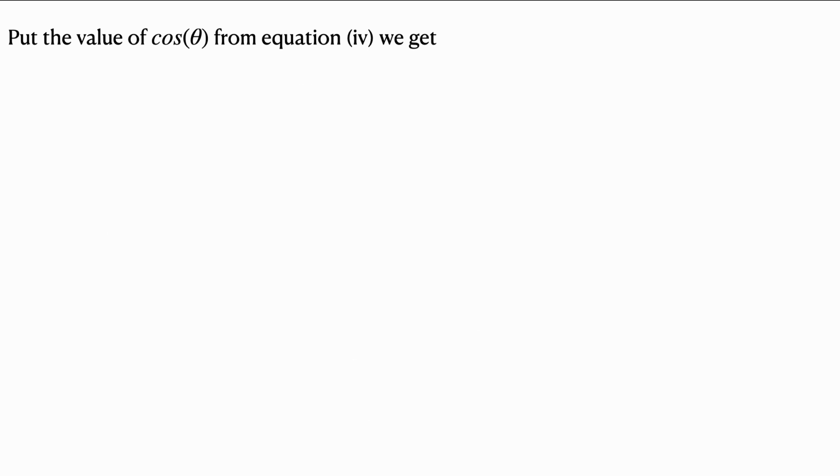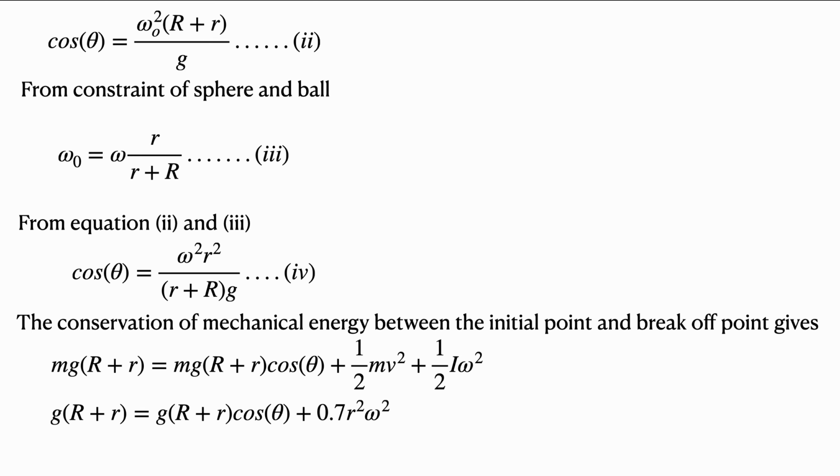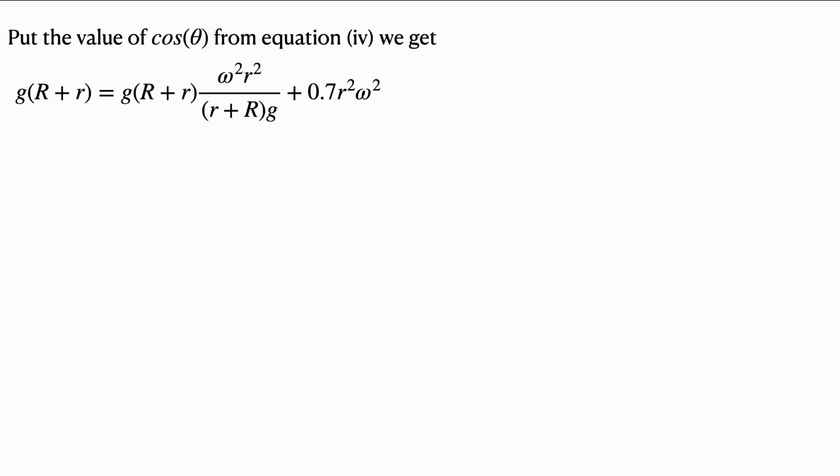On putting the value of cos theta, which is omega naught square (R plus r) divided by g, we get g(R plus r) equals g(R plus r) multiplied by omega square r square divided by (R plus r) g plus 0.7 r square omega square.